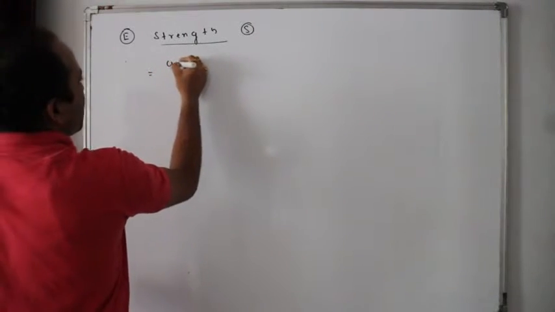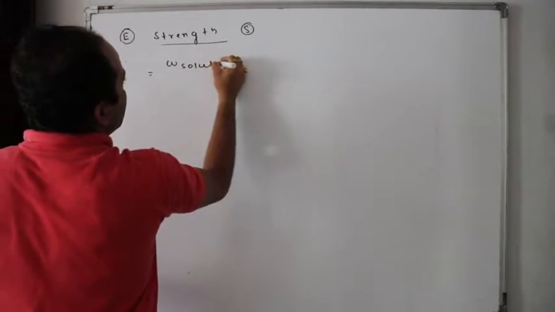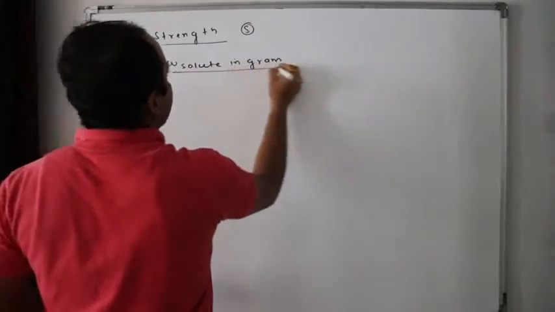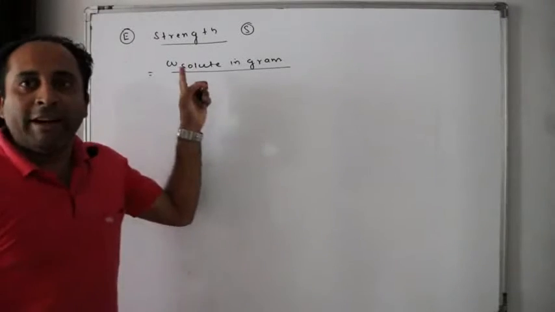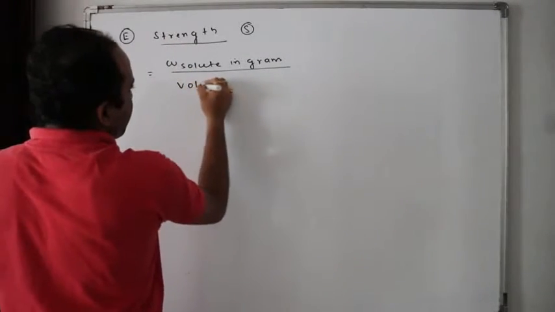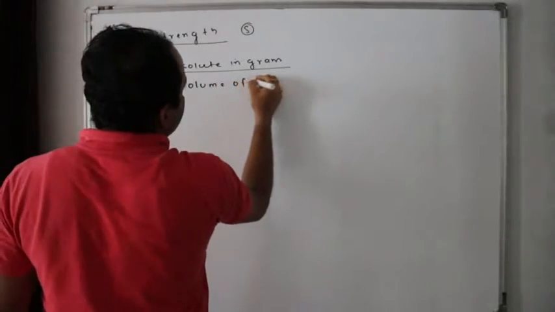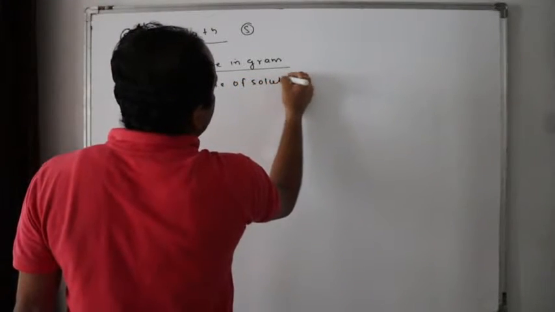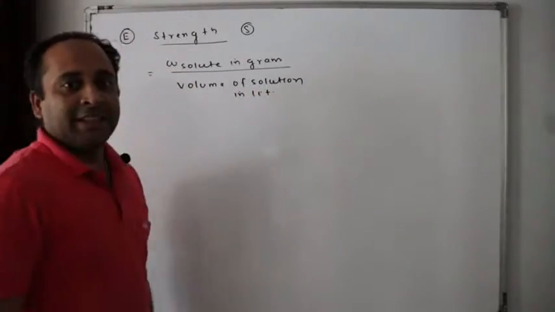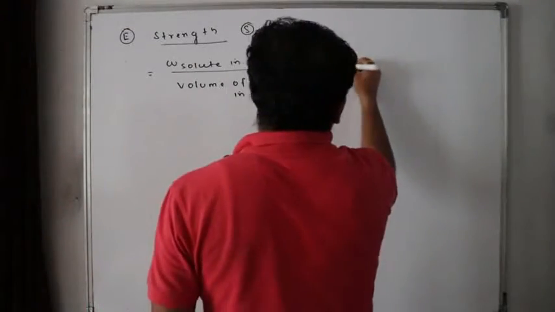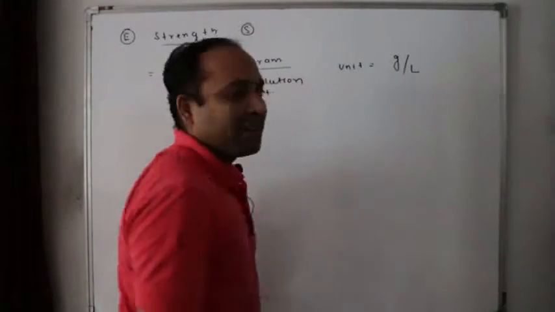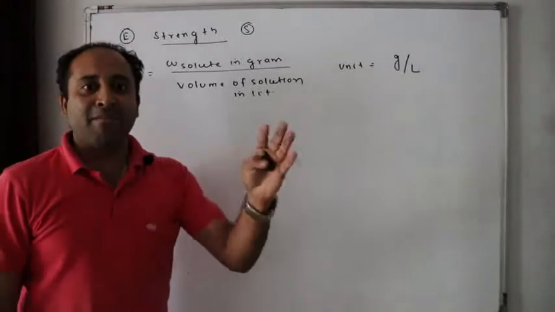Strength is equal to weight of solute in grams by volume of solution in liters. So what will be the unit? Isn't it gram per liter? Yes or no?